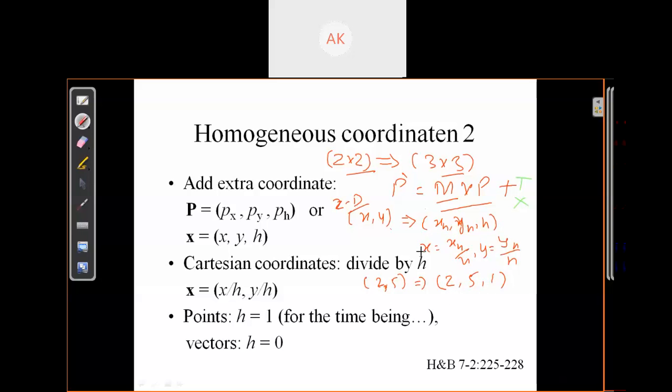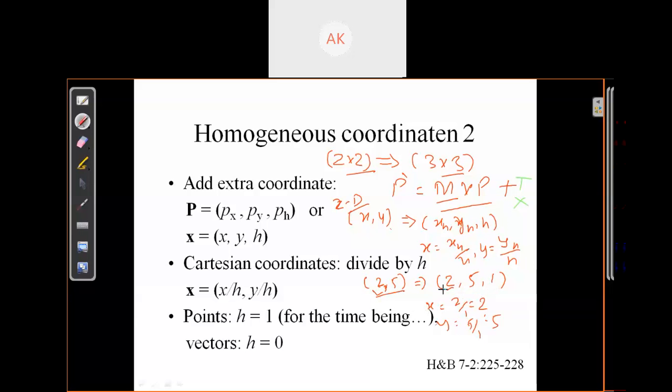Here, when you calculate x, xh is 2 and h is 1, so you will get x equals 2. And yh is 5, h equals 1, so you will get this point 5. So this is 2 and 5.